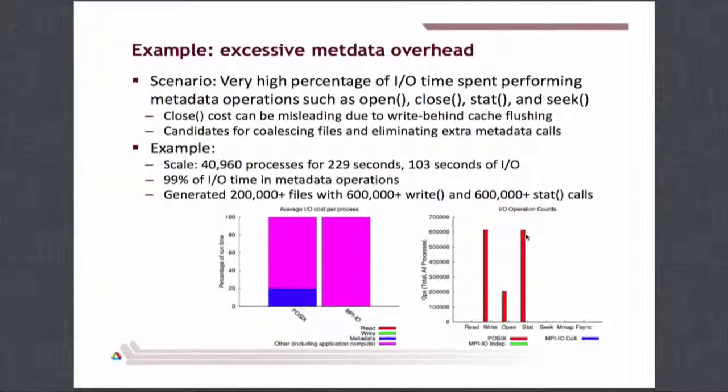But when we looked at the operations that were happening, this is a histogram that shows a count of how many different types of I/O operations were used. There's a number of writes, 600,000 writes, so maybe that's what they needed to do. There's 200,000 opens though, and another 600,000 stat calls. And this was with 40,000 processes, so a pretty big job, and it spent half of its time doing I/O.